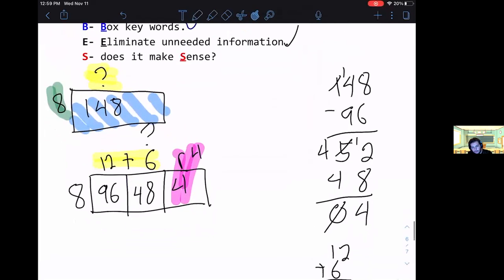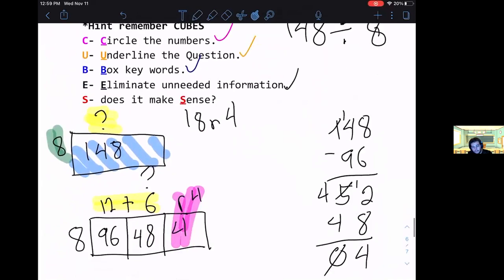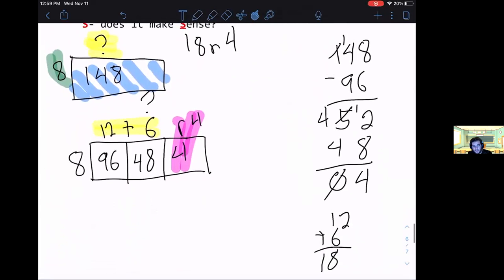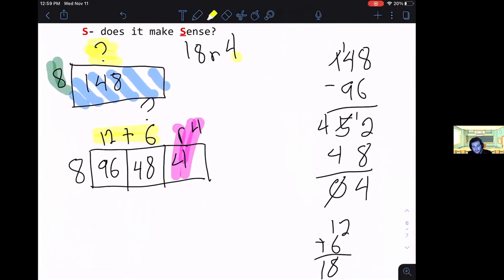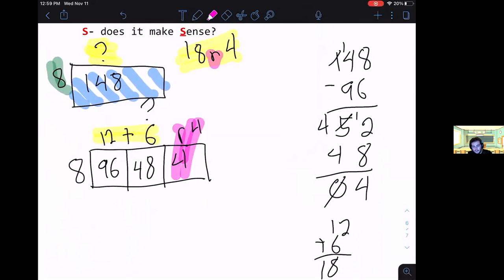So that would give us 18 R4. What are we figuring out? How many squads will there be? So we have 18 squads and 4 birds will be hanging out. We highlight that in yellow because it's our answer. Keep the remainder in pink so we know there's a remainder.